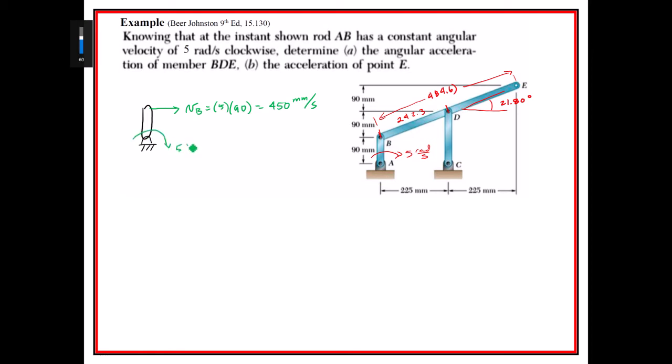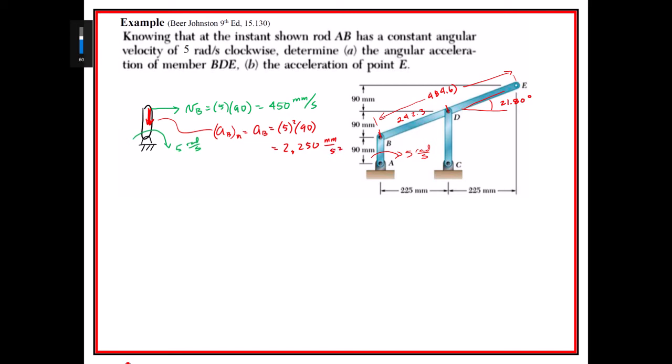At this time we can also find the normal acceleration of B, which is also the entire acceleration of B. That's going to be omega squared, which is 5 squared, times that 90, which gives us 2,250 millimeters per second squared.